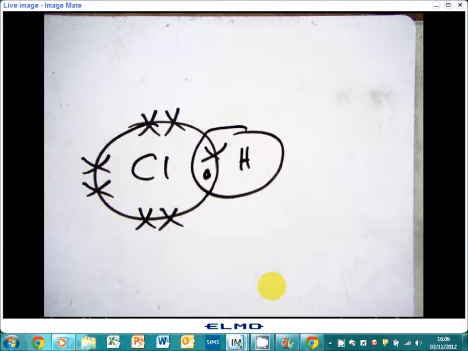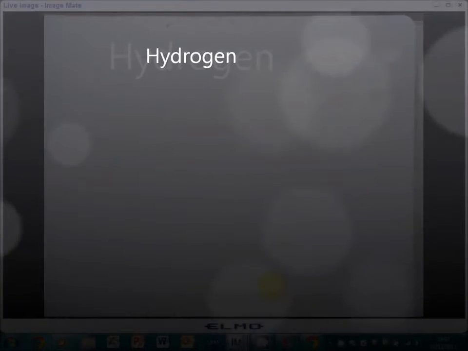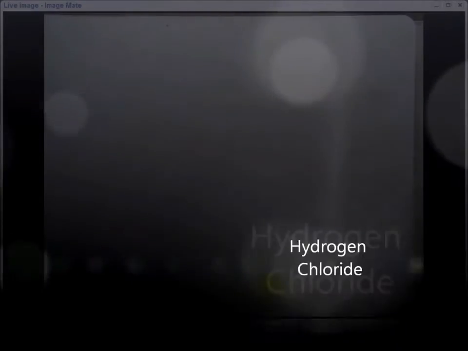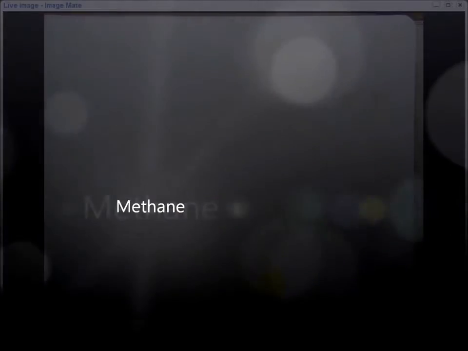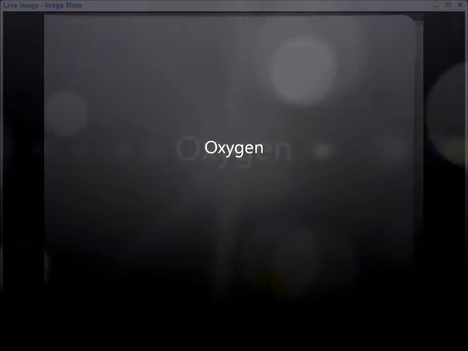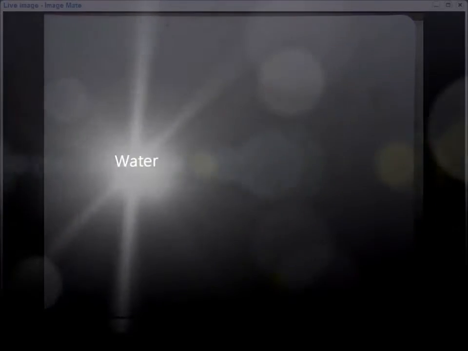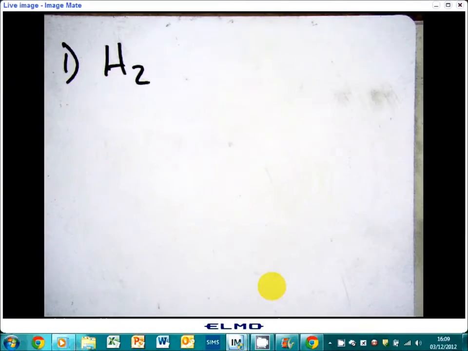Now chlorine and hydrogen both have a full outer shell. There are 6 important examples that you'll need to know for the exam: hydrogen, hydrogen chloride, methane, oxygen, water and carbon dioxide. I'm going to show you how to draw these now.